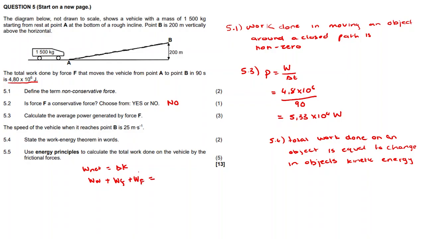And this is equal to the change in kinetic energy, which is a half m v final squared minus a half m v initial squared. We know that the work done by the weight is equal to the mass times gravity times the height and cos of the angle.